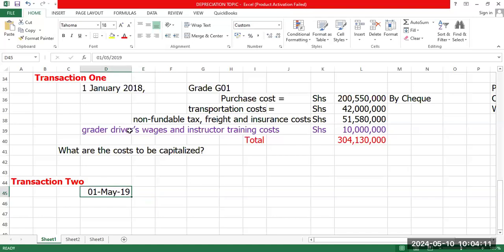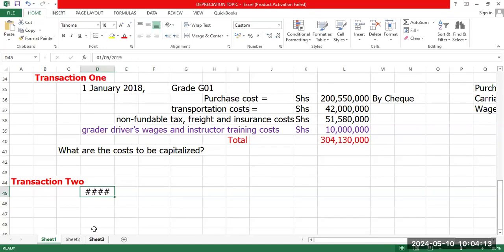On 1st May 2019, I acquired another grader, grader G02. You need to know what the assets in the question are before you start answering.